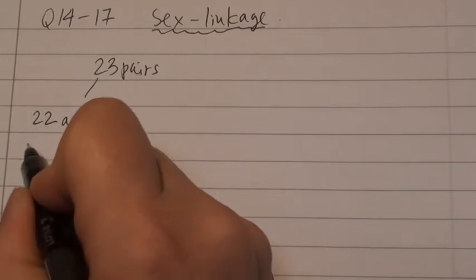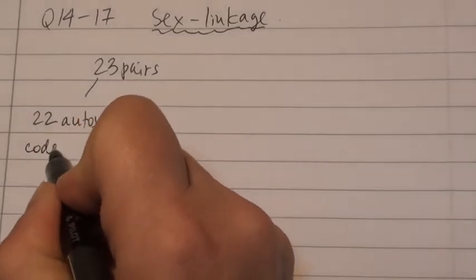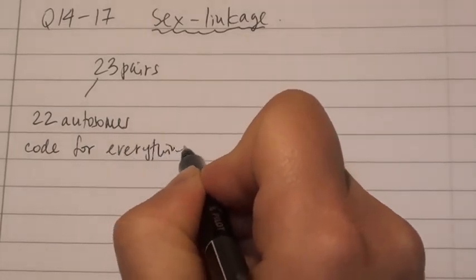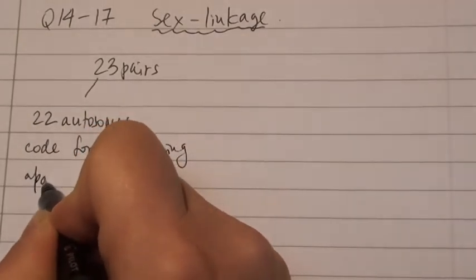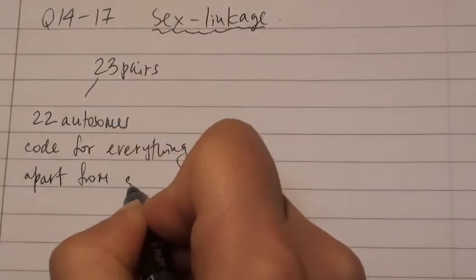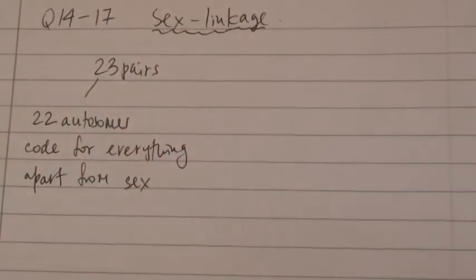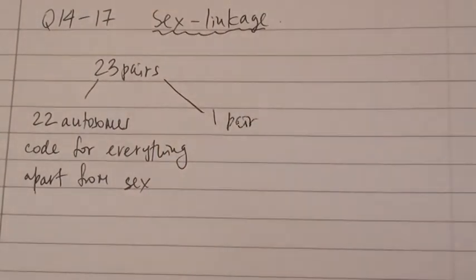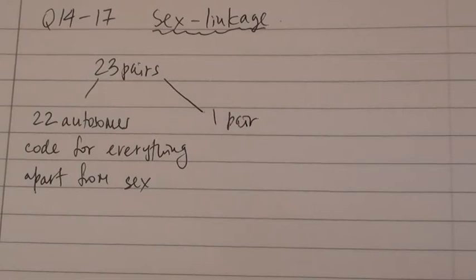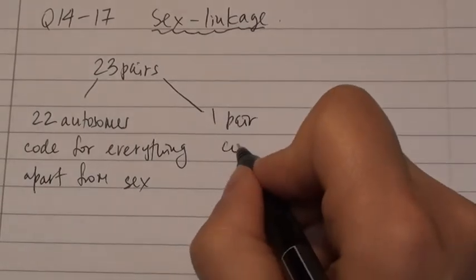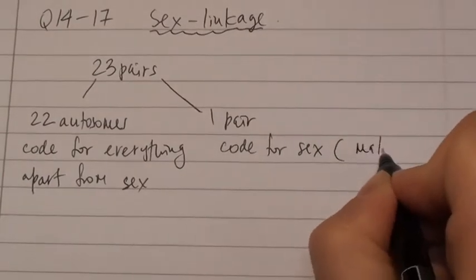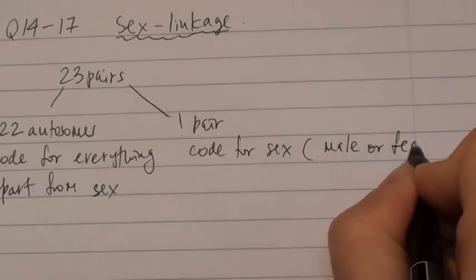So these chromosomes code for pretty much everything apart from sex, meaning being male or female. And then this last pair of chromosomes, just one pair, is specifically designed to code for being a male or a female. So they code for sex, right? So being male or female.